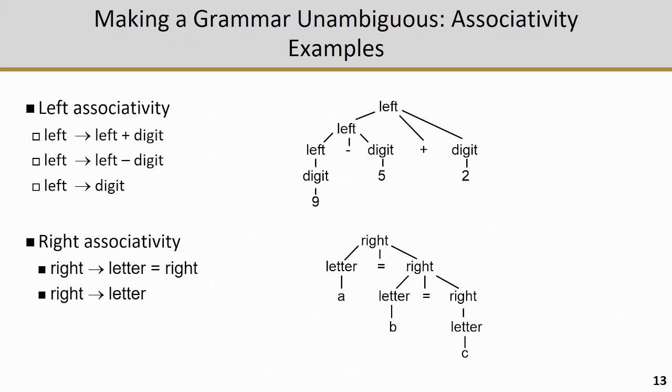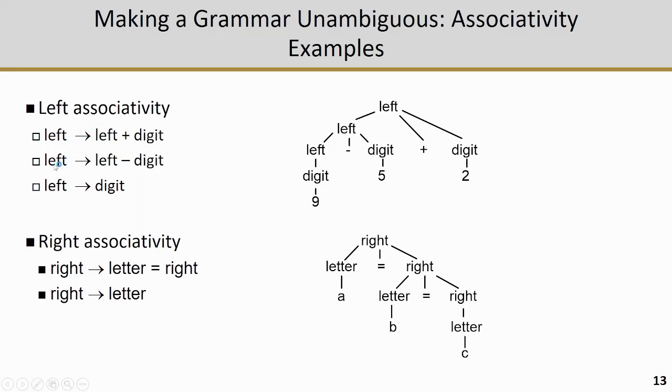As a result, for the left associative operators, we have grammar rules with left recursion. Left recursion means that we have a rule for a non-terminal which includes the same non-terminal in the leftmost symbol of the right-hand side as we have on the left-hand side.